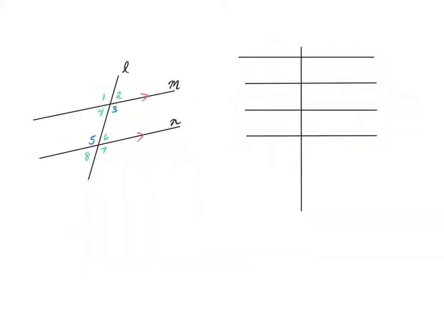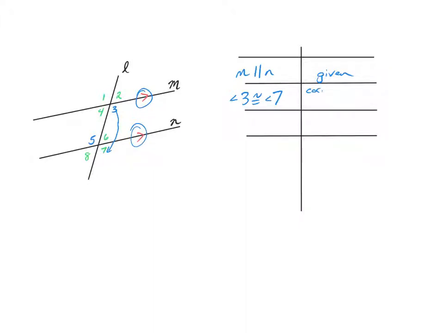All right, up next, I'm trying to relate angle 3 and angle 5. So, again, we're given that M and N are parallel to each other. And again, it's because of these symbols. So I know line M is parallel to line N, and I know that I can relate angle 3 to angle 7 because those are what type of angles?